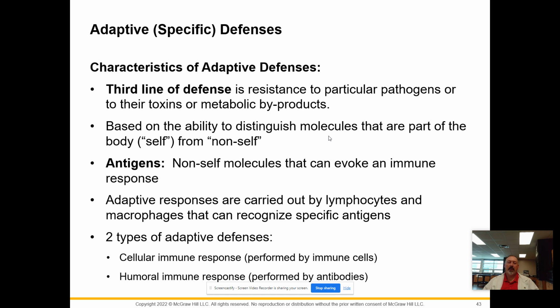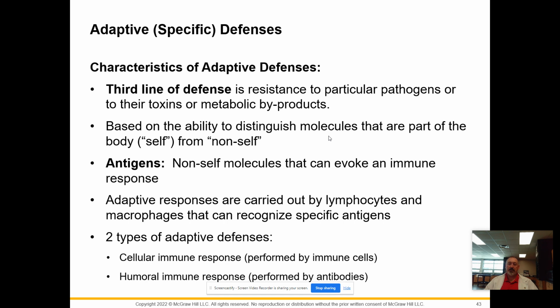So the cells have to be able to distinguish self, that's part of the body, from non-self. And they do that with cell markers called antigens. On the outside of cells, oftentimes there are different kinds of pieces, whether it's proteins or glycoproteins or glycolipids, that act as kind of like a name tag.